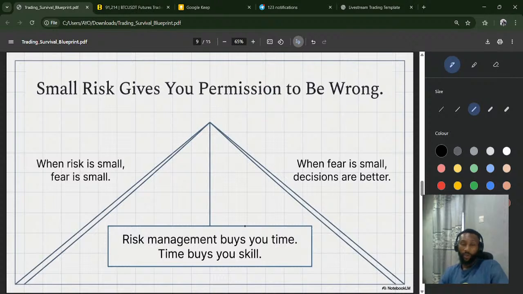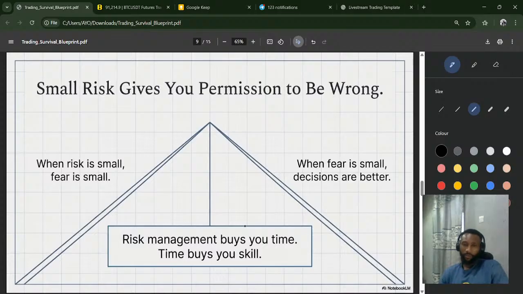When you take small risk, it gives you permission to be wrong. When the risk is small, the fear is small. And when the fear is small, decisions are better.